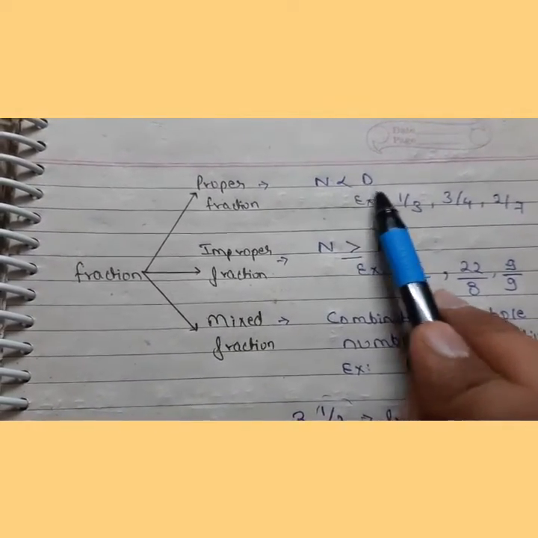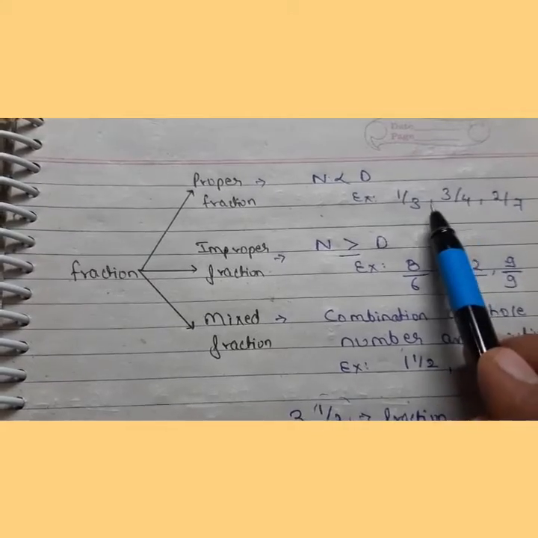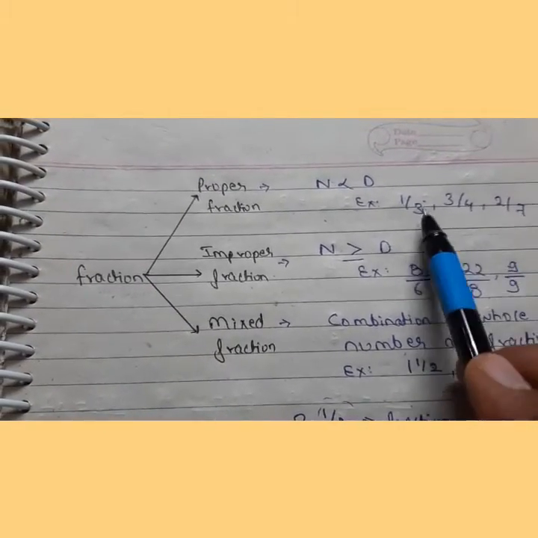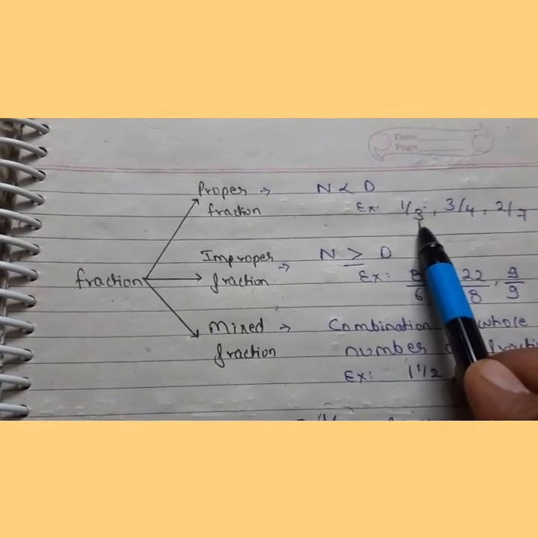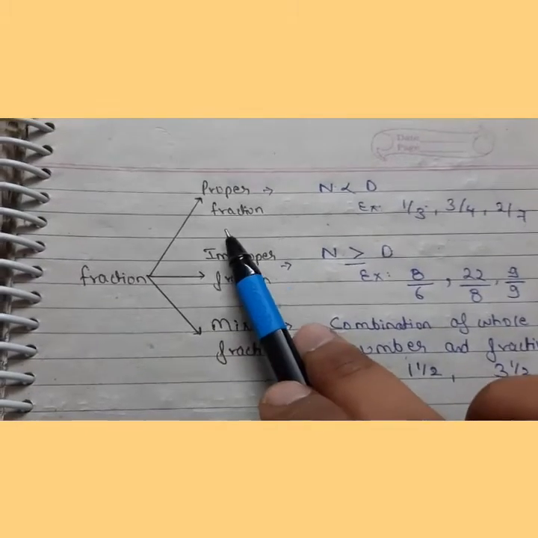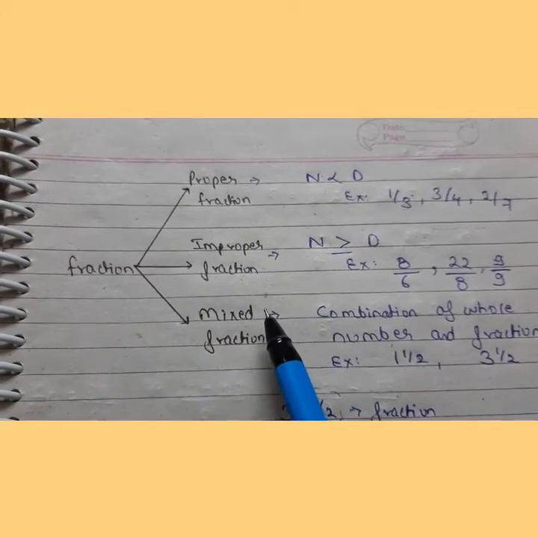In each of these, the denominator 3, 4 or 7 is greater than the numerator. 3 is greater than 1, 4 is greater than 3, 7 is greater than 2. These are known as what? Proper fractions.